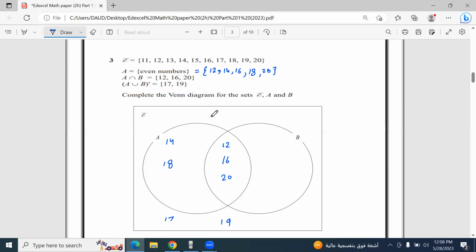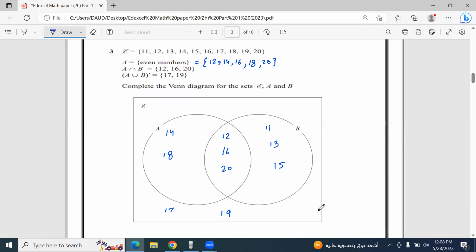The range is 11 to 20, so we have to choose the elements of B from 11 to 20. It means 11 and 13, 15, 17 we mentioned outside, 19 we mentioned outside, 20 is already given. So this is the specification to complete the Venn diagram for the universal set, A and B. That is the answer. I hope you get it.